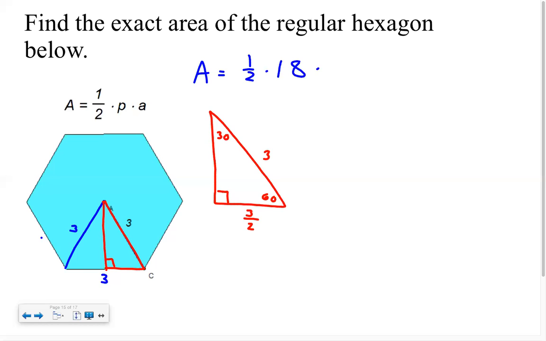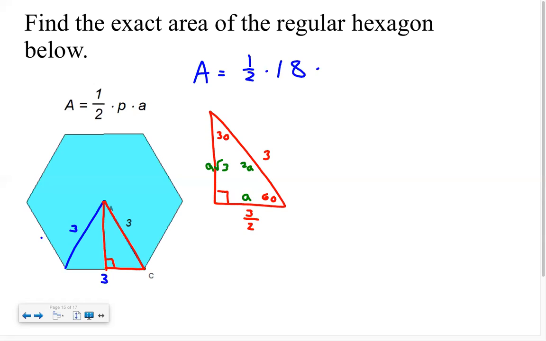So if I want to find my answer exact in simplified radical form, that means I have to use my special right triangles. So 30, 60, 90: A, 2A, A radical 3. So I have to use my ratios here if I want my answer as exact.